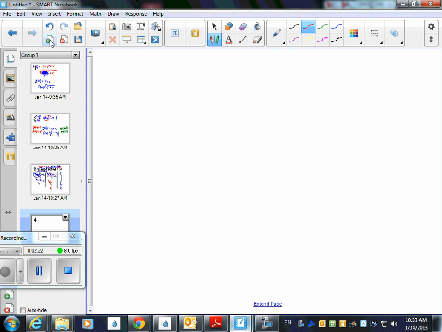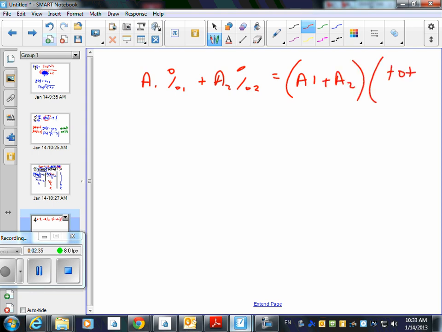So it's amount 1 times percent 1 plus amount 2 times percent 2 is equal to amount 1 plus amount 2 times the total percent. Now here's the catch on this one. They don't tell you what amount 1 or amount 2 are. They tell you the total is going to be 25 liters. Well, I know to put that here.